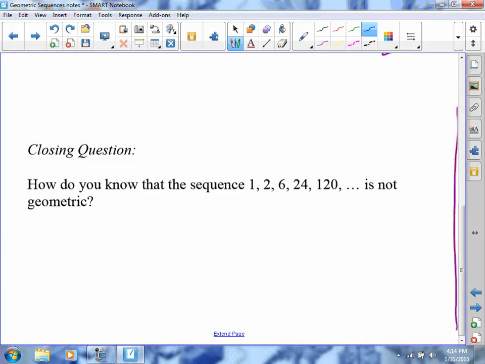Remember, if it's a geometric sequence, it has to be multiplying by the same amount. So we go from 1 to 2, we have to multiply by 2. We go from 2 to 6, I'm multiplying by 3, and then by 4, and then by 5. So it's not geometric because you're not multiplying by the same amount.